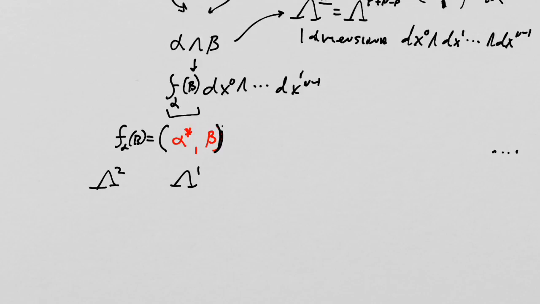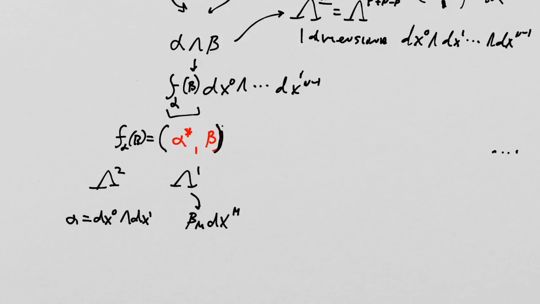I've got to keep low dimensions here, otherwise the demonstration takes a long time. And from the second exterior power, I might consider alpha to be just dx0 wedge dx1. And then again, I get to take an arbitrary element from the first exterior power. I'll call that beta mu dx mu.